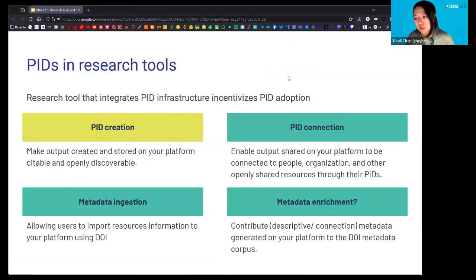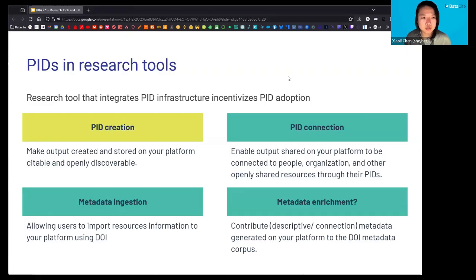So that's how we want to think about how these research tools can support PID integration. They can integrate the PID creation workflow to make outputs openly discoverable, and then connect outputs either created on the same platform or from other platforms.